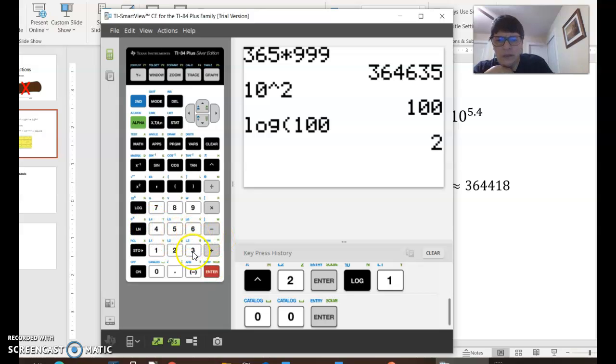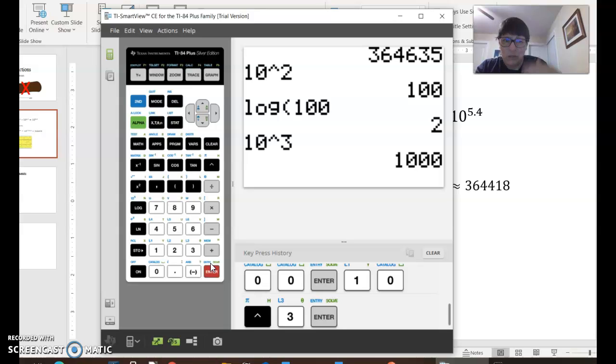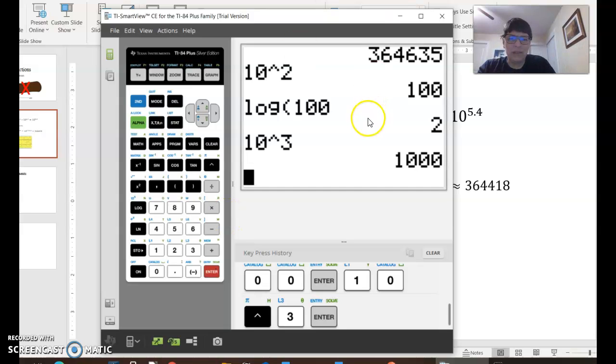So when I was looking at 365, I didn't know what power of 10 it was. I knew it was between 2 and 3, because 10 squared is 100 and 10 cubed is 1,000.